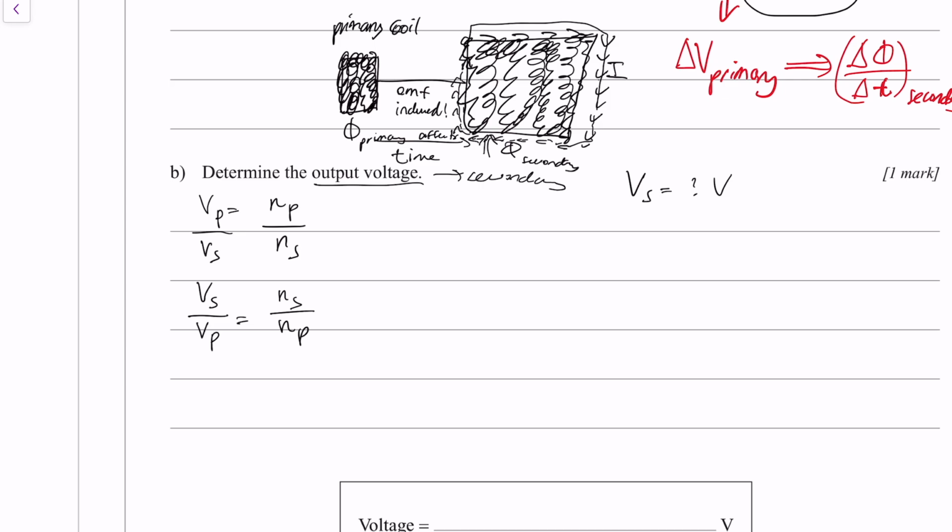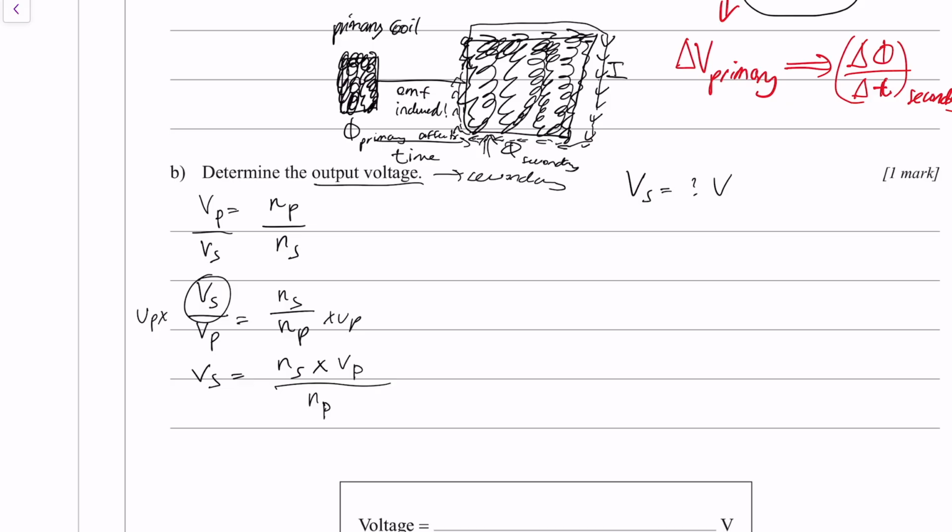And once I've done that, I just have my variable at the top, so I get rid of the bottom by multiplying by Vp. Okay, so my secondary voltage is now equal to the number of turns in the secondary coil times the voltage of the primary coil over the number of turns in the primary coil.